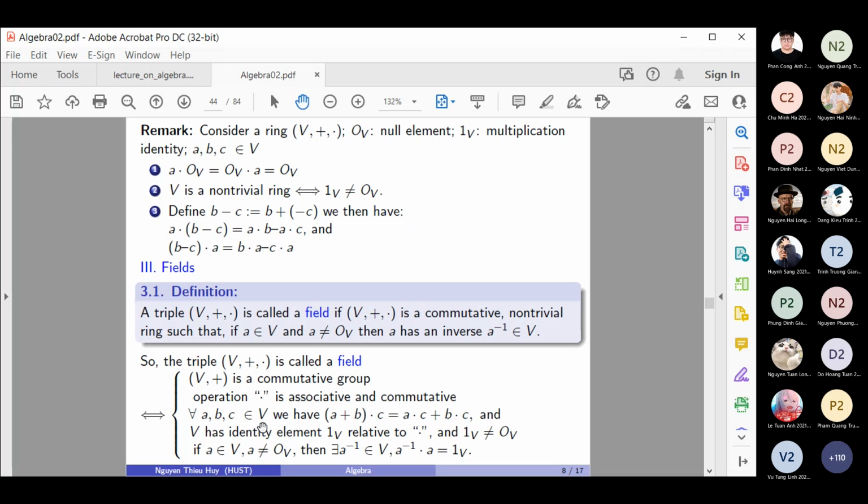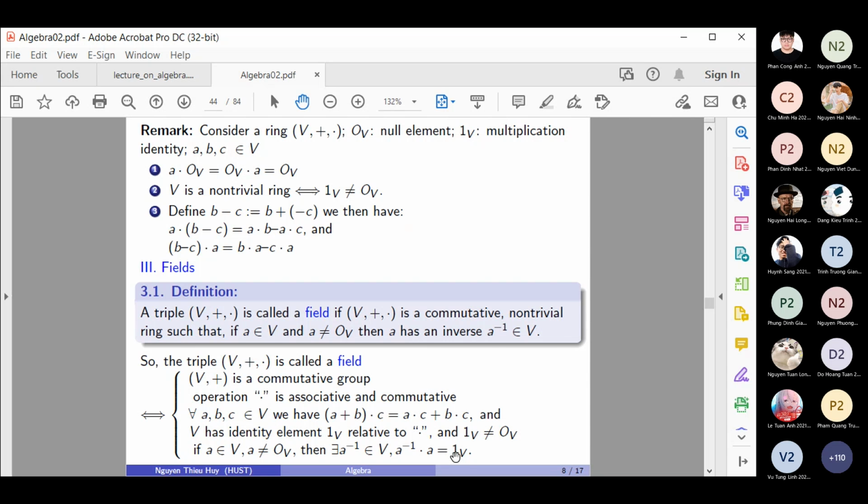And now the last thing corresponds to the last statement here: if A in V, A is not 0, then there exists A to the minus 1, the inverse of A, which means that A to the minus 1 multiplied by A is 1V. So this is called the inverse of A. Good.